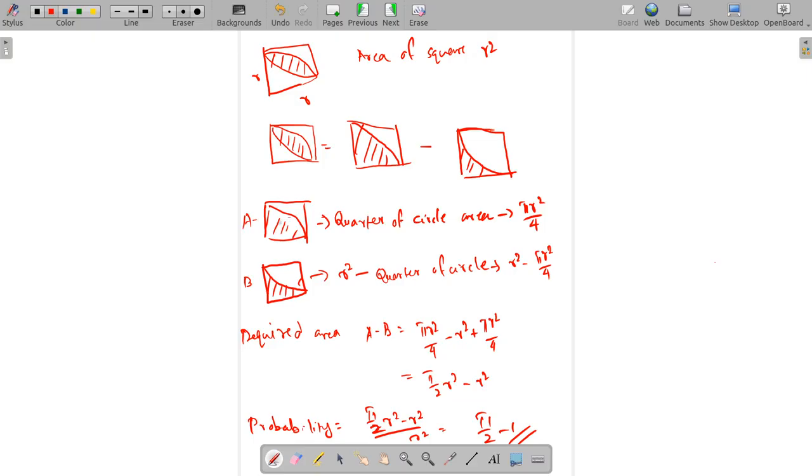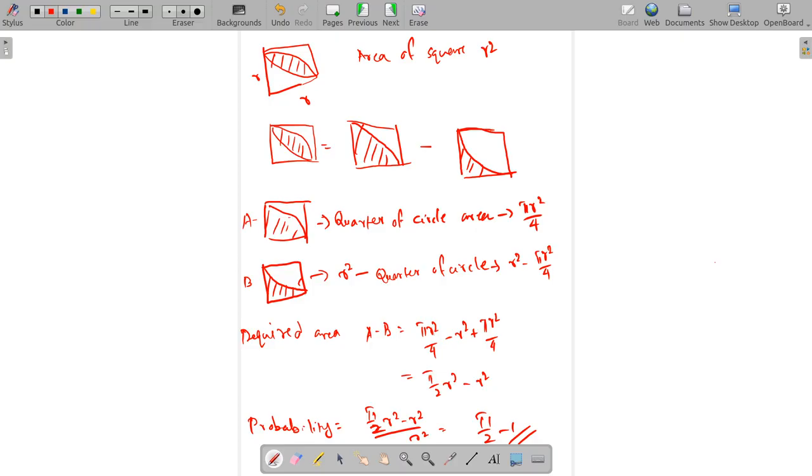Okay, so this is basically a quarter of a circle with radius r. So pi r square is the total area of the circle, and pi r square by 4 will be the area of this portion. And this is basically the total square minus this one quarter of a circle, right? So that is r square minus pi r square by 4. Once you get that, then what will be this area?